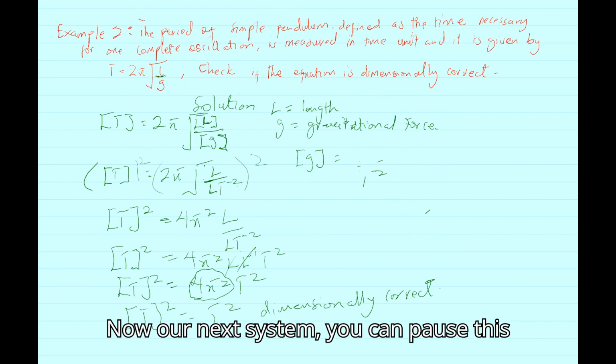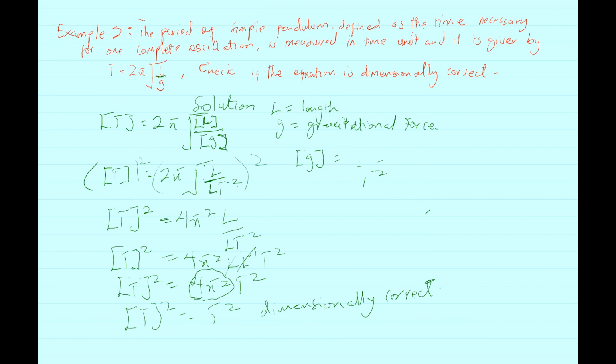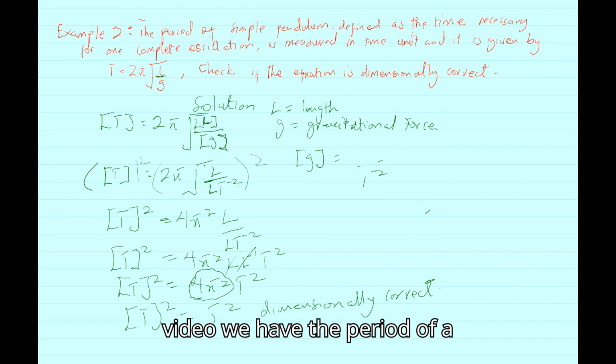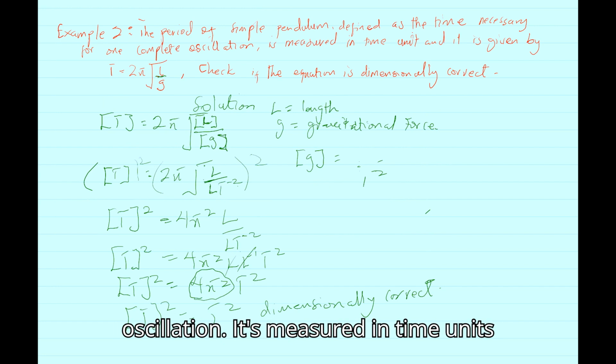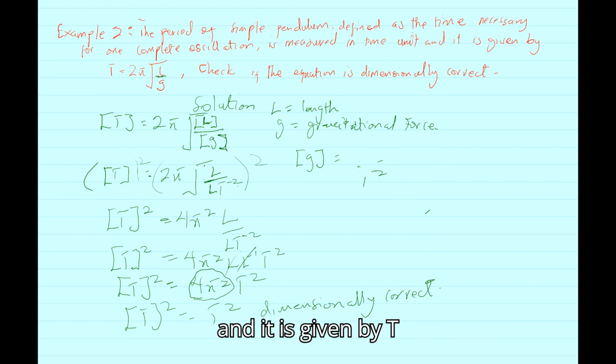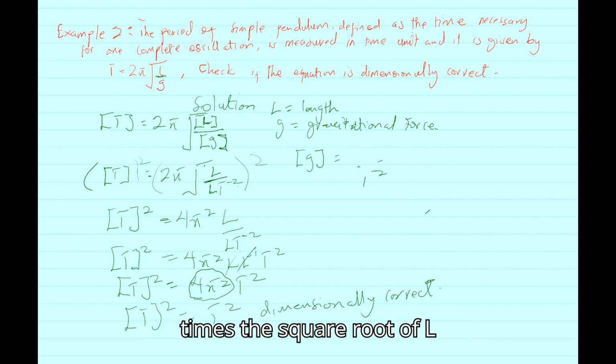Now, our next example, you can pause this video and try to see if you can solve this question. In this question, we have the period of a simple pendulum, defined as the time necessary for one complete oscillation, measured in time units, and it is given by T, which is the period, equal to 2 pi times the square root of L over g.